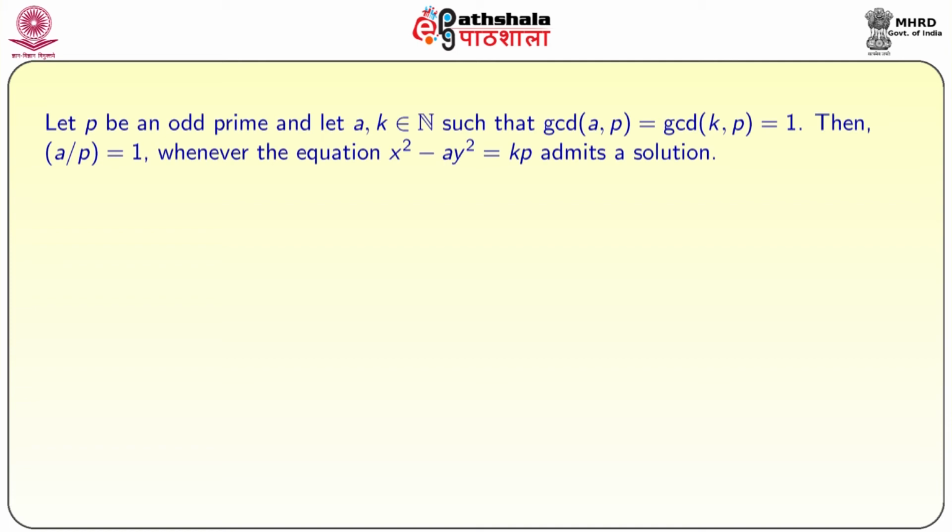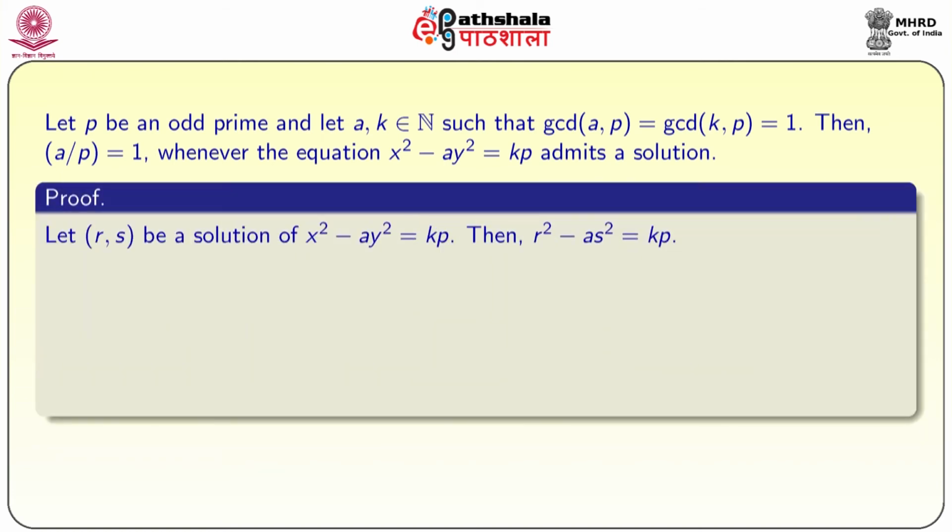It is one of the important properties, establishing that a is a quadratic residue modulo p whenever the equation x square minus a y square equals kp admits a solution.